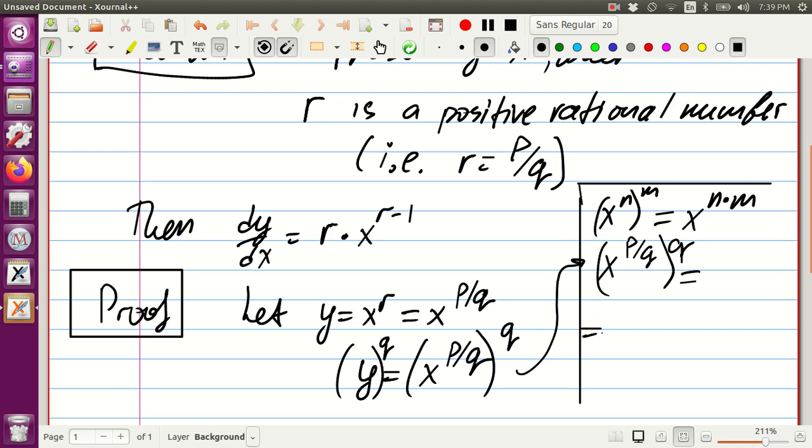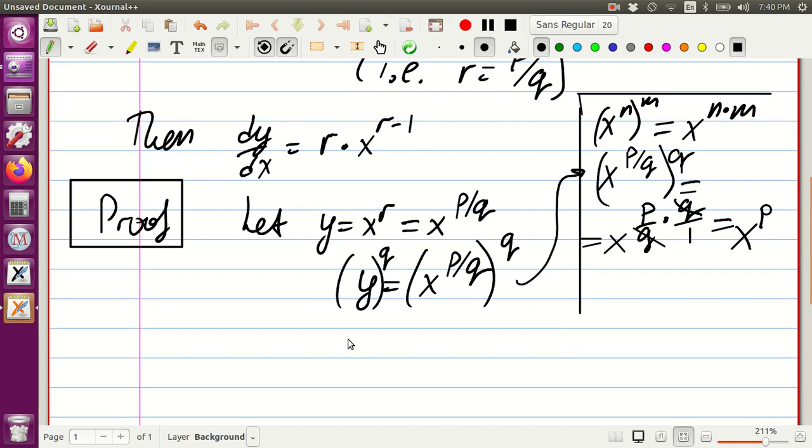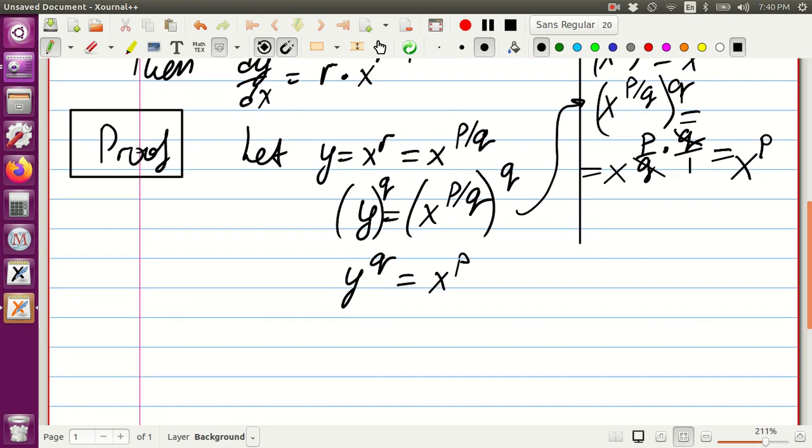So it's equal to x to the p over q times q. So we can see that we can divide q and we're gonna get x to the p. So our expression becomes y raised to the q equals x raised to the p. And then we can use implicit differentiation.